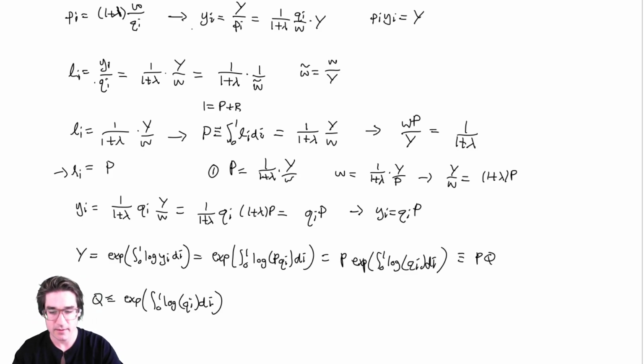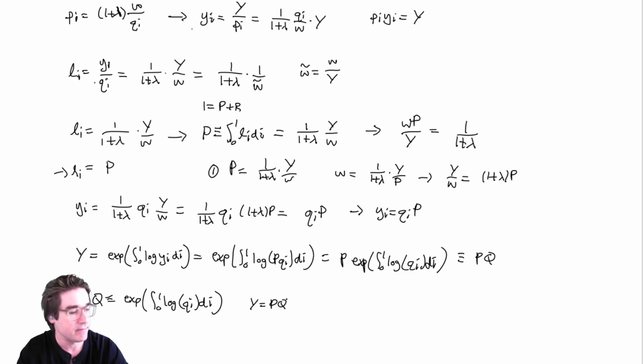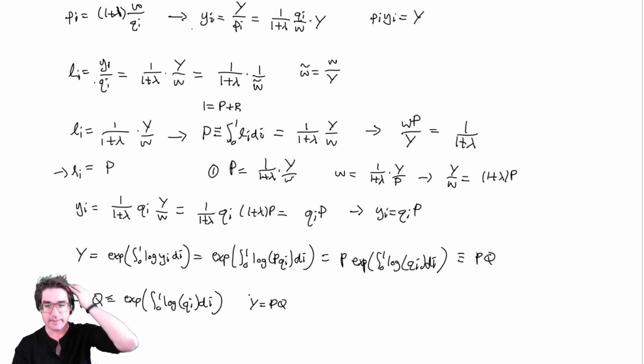So this is like an index of aggregate quality. It summarizes all the information about the productivities of the different Qi's into the only thing that we really need to know, which is capital Q. And if you define that, then Y is equal to P times Q, the production labor times the productivity on average. So this is it.